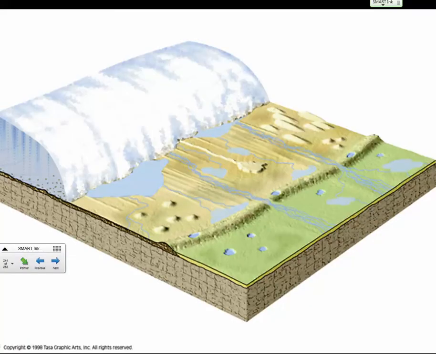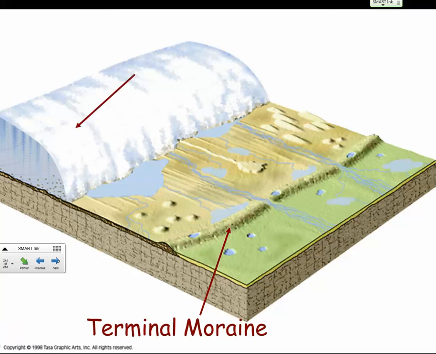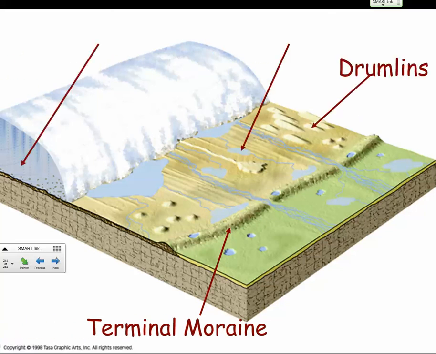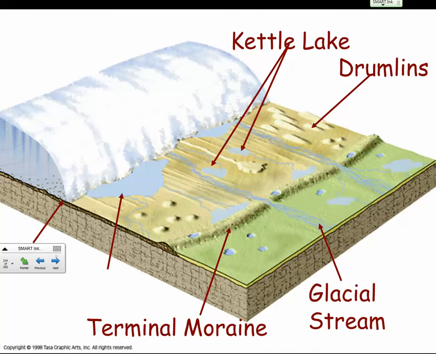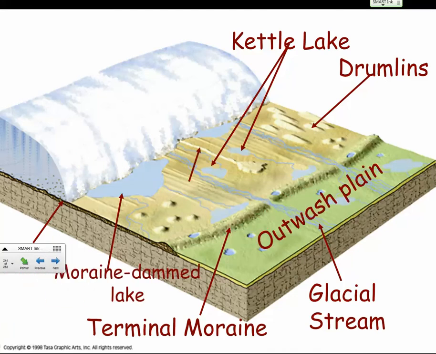This picture's loaded. It's got all kinds of cool features here. From our moraines to our drumlins, our kettle lakes, some glacial streams. Looks like a moraine-dammed lake. The outwash plain is below that terminal moraine.